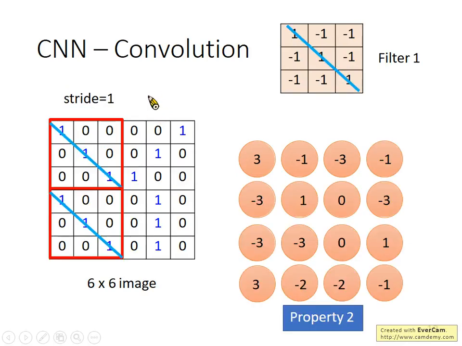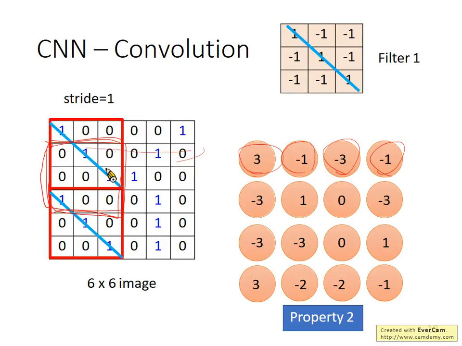When we set the stride as 1, we can go through the whole image, do all the convolutions, and then we get this result. The first result is 3, and then -1, and then -3, and then -1, and so on. When we finish the first horizontal row, we move the window down.